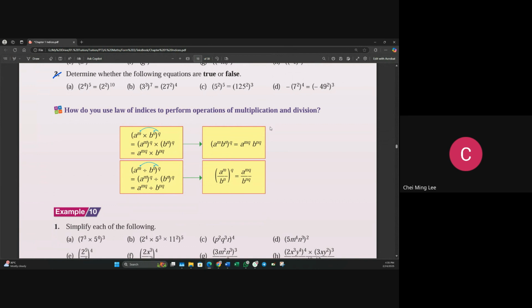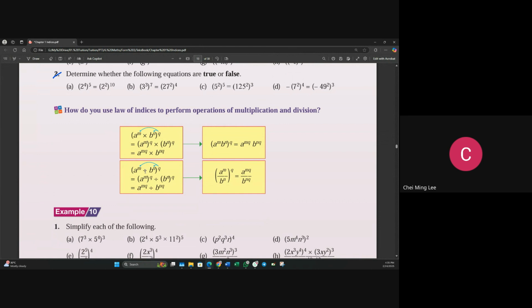For example, a to the power of m times b to the power of n, both things power of q. So you can break it into two things: a to the power of mq multiplied by b to the power of nq. It becomes like this.